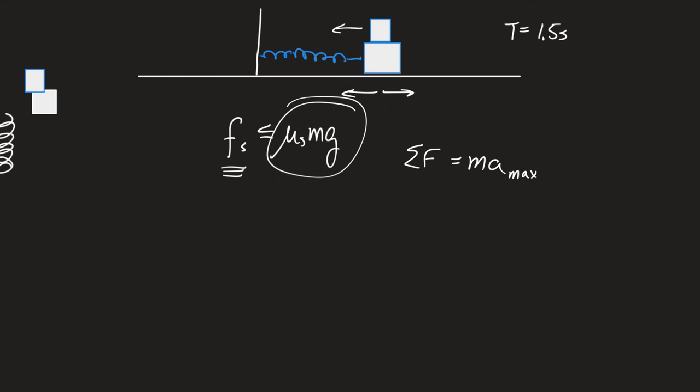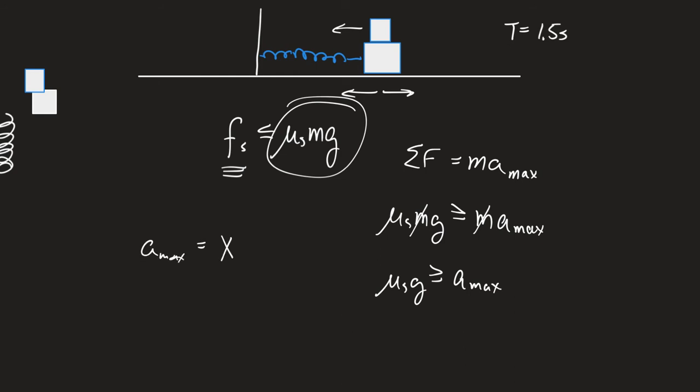So I need to ensure that mu s mg is greater than or equal to MA max. Now, A max is x naught omega squared. They told me it just begins to break when that is 0.4 meters.